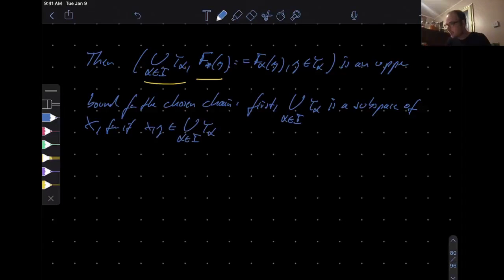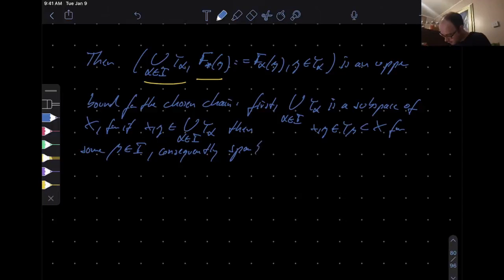So if you take two points x, y in here, then x, y are in Y beta for at least one beta in the index set. Since each one of those Y beta is a subspace, all linear combinations that you can form out of those two vectors, the span of x and y, is then again in Y beta.